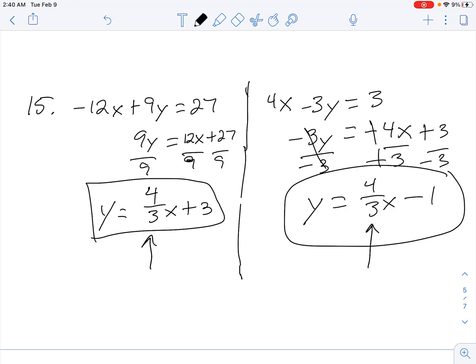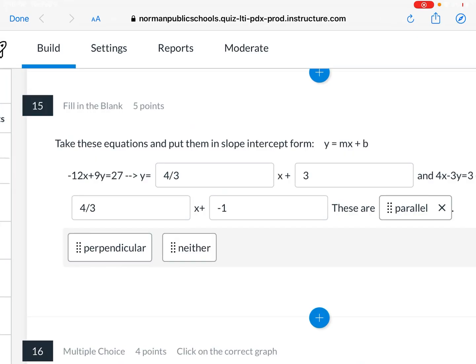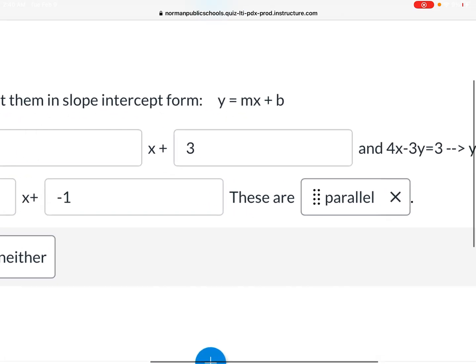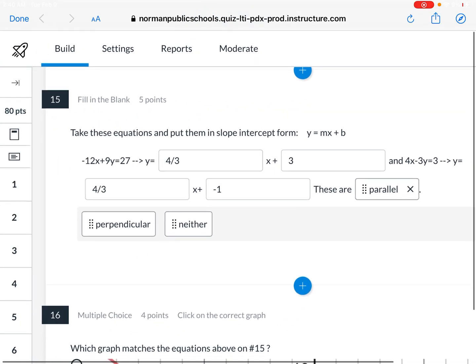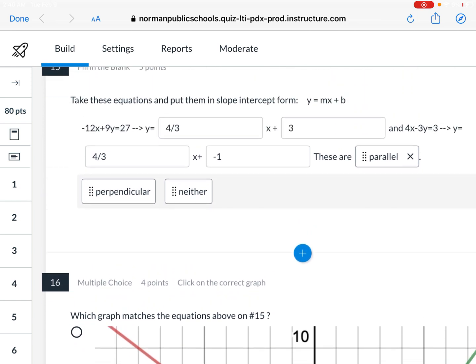And if you can see, the slopes are the exact same, so that would be parallel. So what you would do is you would drag the parallel right here into the correct box. So correct slope, correct y-intercept for that equation, correct slope, correct y-intercept for the second equation, making sure you show your work, and then drag the correct word into the box.